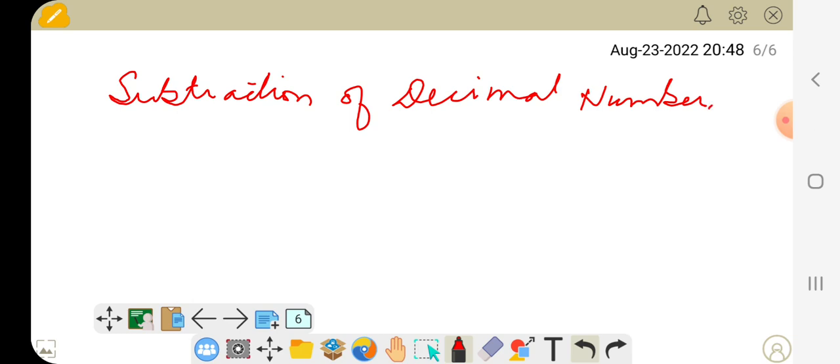The small point is very important. This is also a part of your term 1 syllabus.